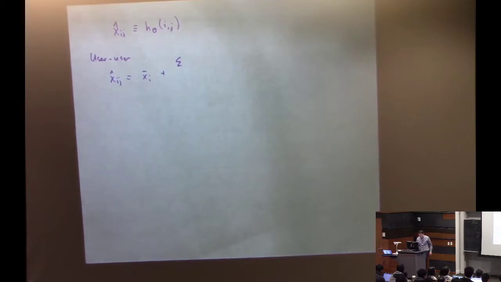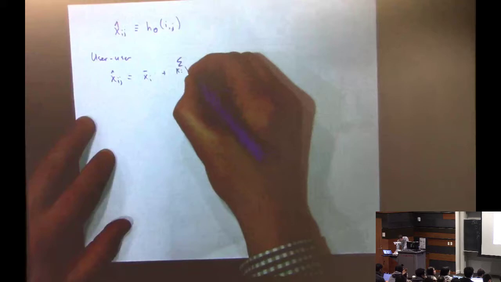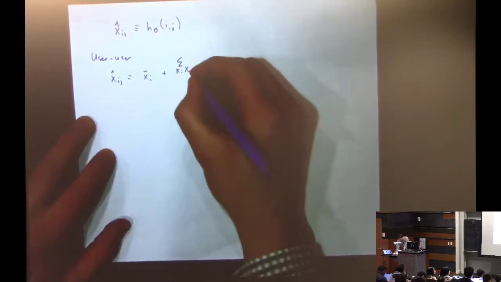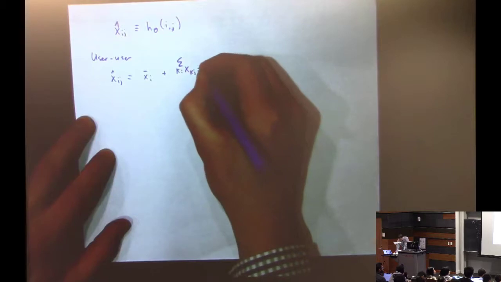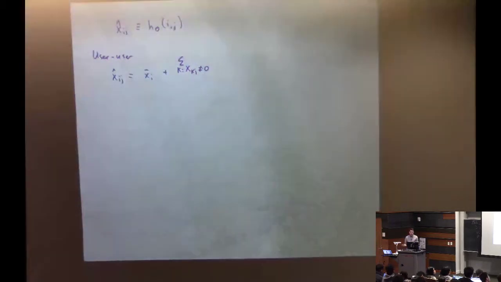So the way that we write this is the sum over all k such that x_kj is not equal to 0, so for all users k. We're going to have the convention that 0 ratings are in fact missing. Those are not 0, they're just actually missing.